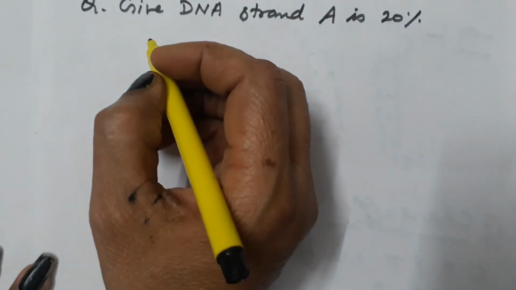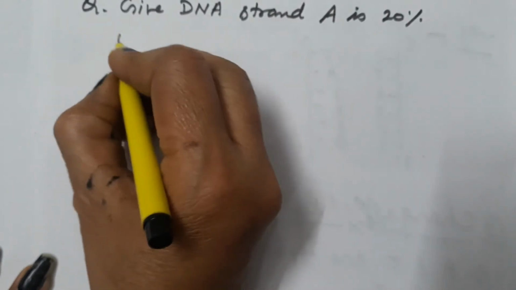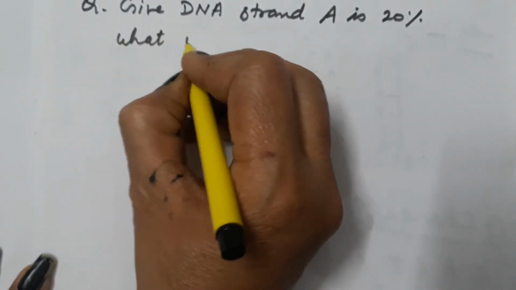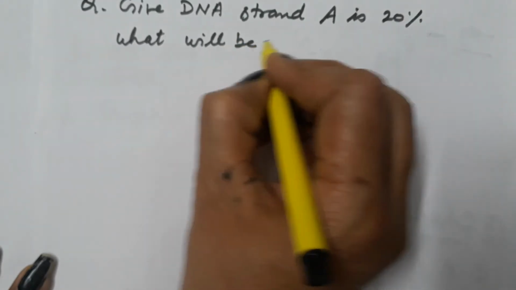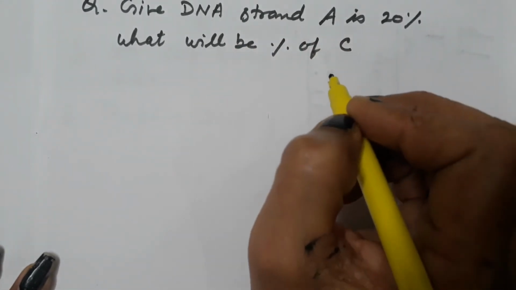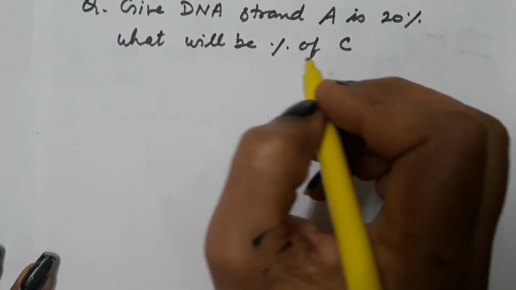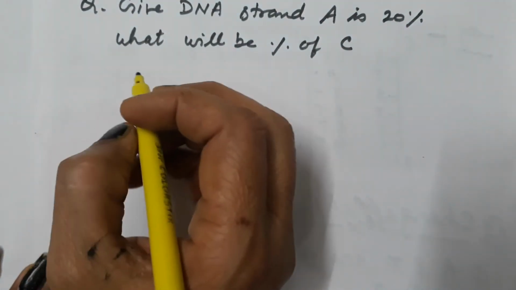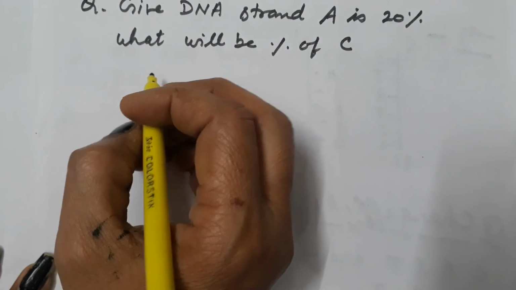What will be the percentage of C? How can we solve this with the help of base pair rules or Chargaff rule?